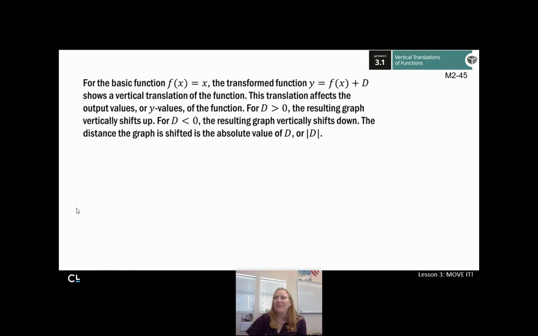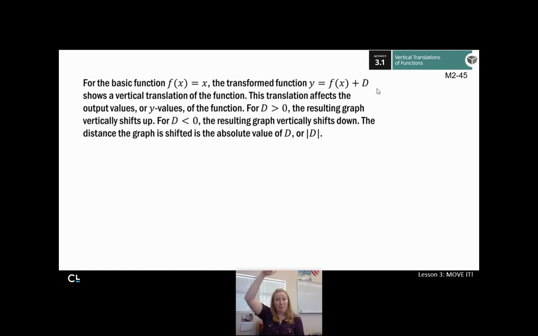So here's the deal. For the basic function f of x equals x, the transformed function y equals f of x plus d is a vertical translation of the function. If you take your function and you add some number d onto it, I don't care what d is, it gives you a vertical translation.